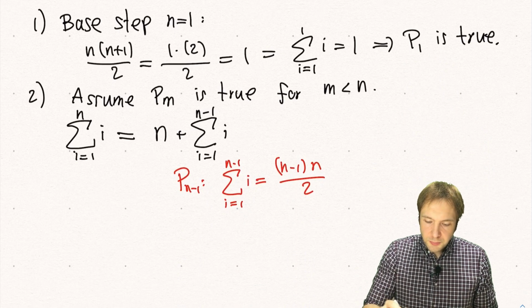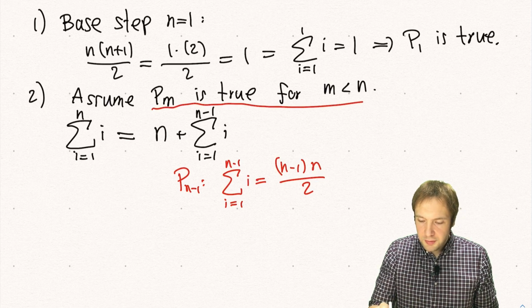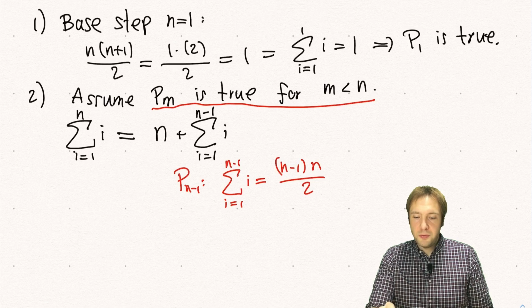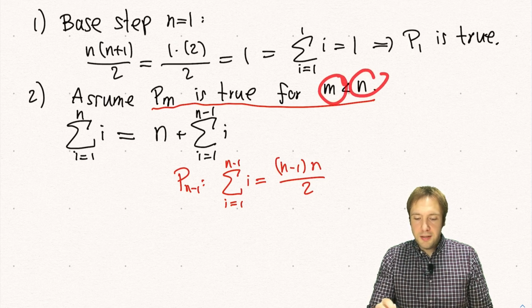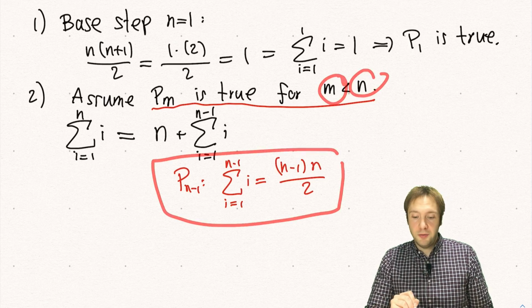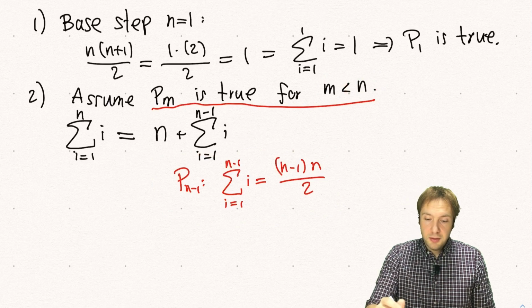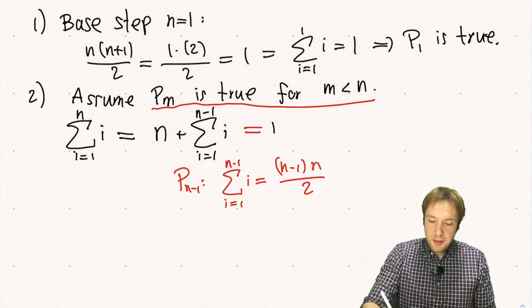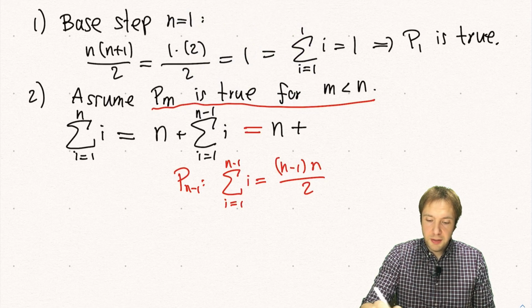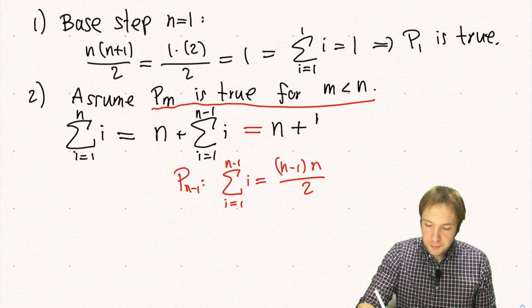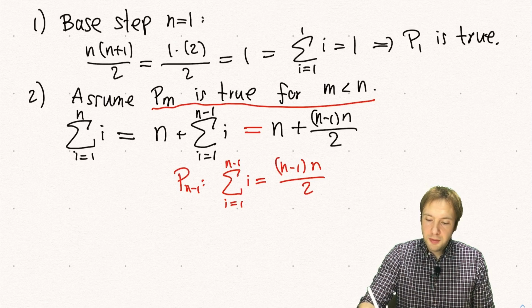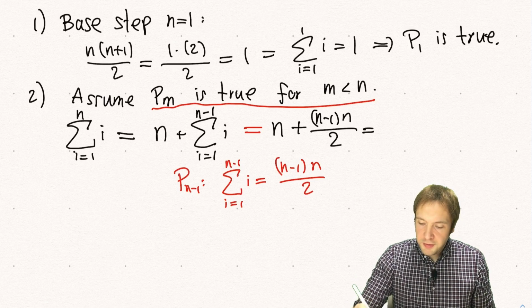So we assume here in the induction step that Pm is true for all m smaller than n, and therefore this Pn minus 1 is true, and therefore we can use this here, and therefore n plus, and this sum we can now replace by n minus 1 times n over 2, and bring this on the same denominator.